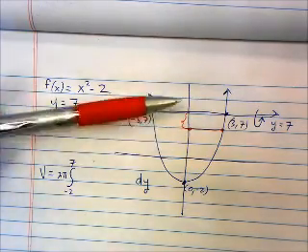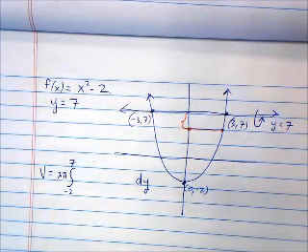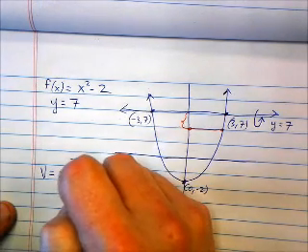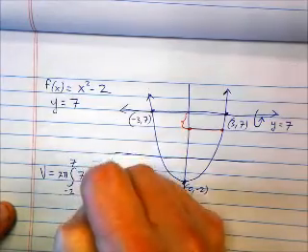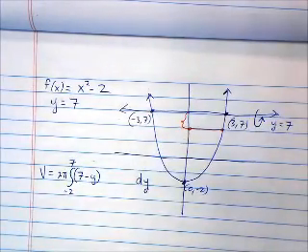Root y plus 2. Not root y plus 2. 7 minus root y plus, getting closer. 7 minus something. Not x. Seven minus y. Okay?